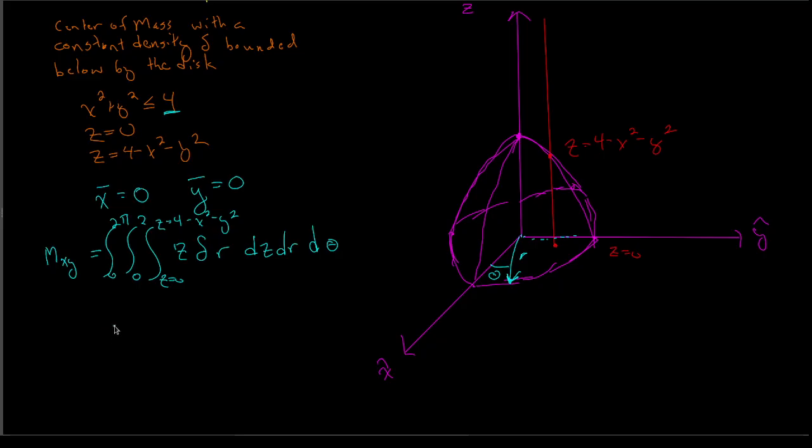So let's do our integral. So z becomes z squared over 2. So I'm going to bring the delta over 2 out. I'm going to get 0 to 2 pi, 0 to 2, and then z squared times r dr d theta, but I'm evaluating z from 0 to 4 minus x squared minus y squared.